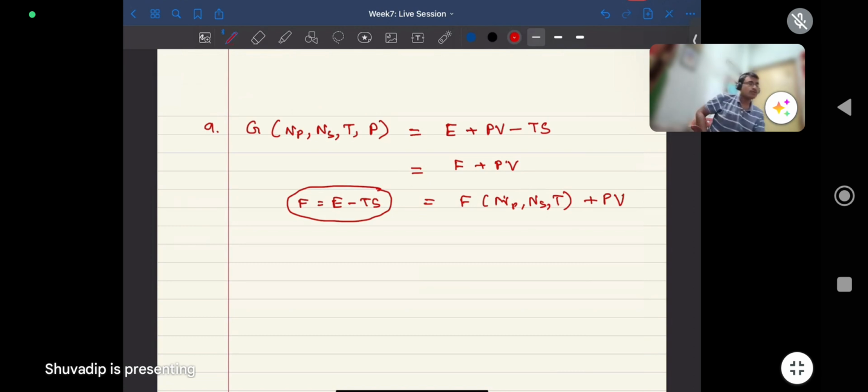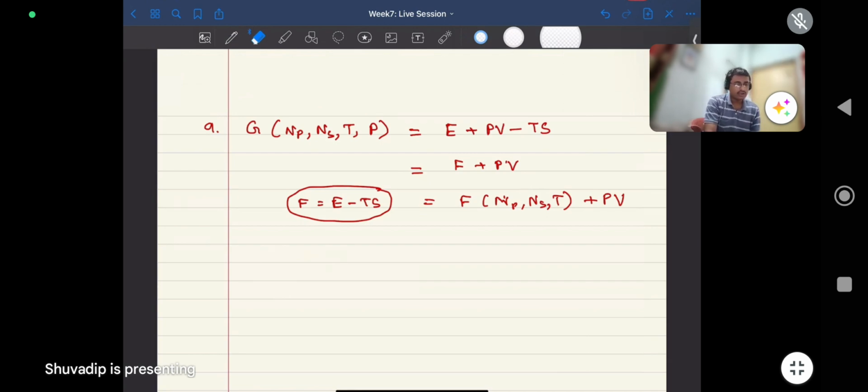So how are these formulas derived? These are derived using a transformation called Legendre transformation. So for each type of variable set, suppose G is for N, T, P, there is F which is defined for N, V, T. So for all these different sets of variables, a thermodynamic potential is defined, which gives free energy, Helmholtz free energy, then enthalpy and internal energy.